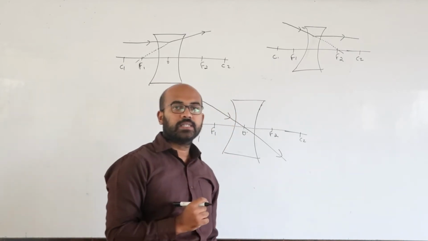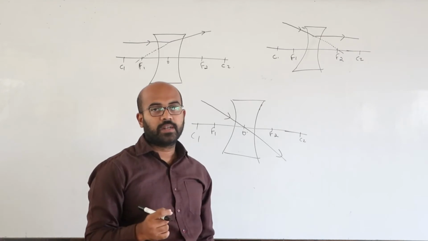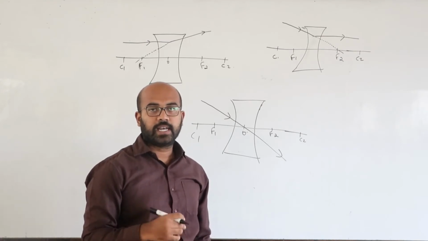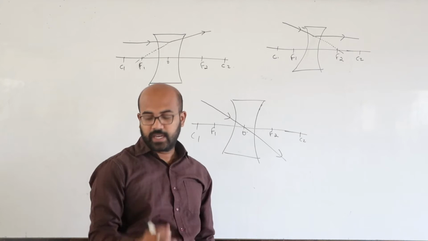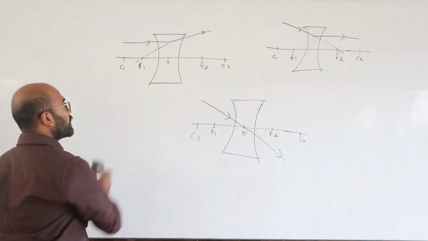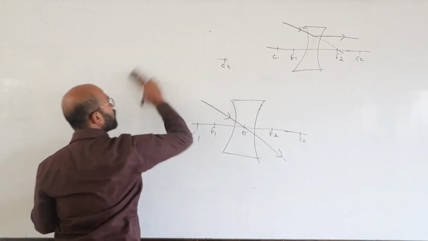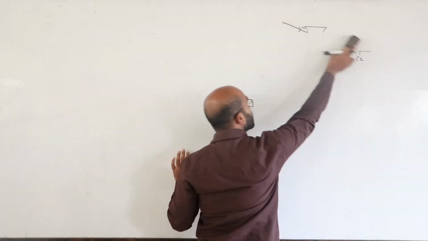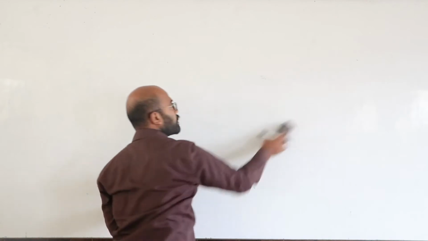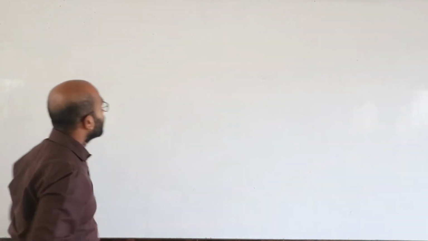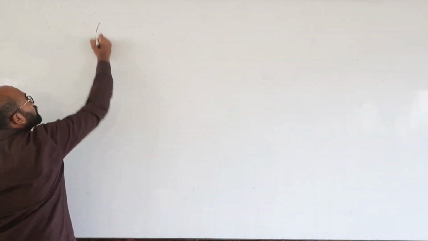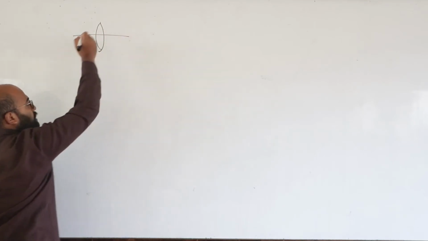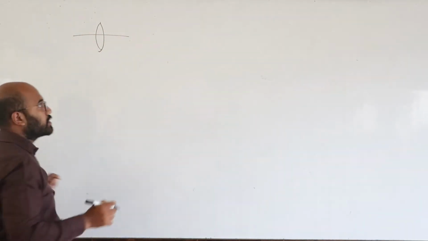Using this, we'll see the image formation in convex lens as well as in a concave lens. This is really simple. The image formation in a lens is very simple. You just need to remember those three ray diagrams. I'll just write it small. First, let me take convex lens.